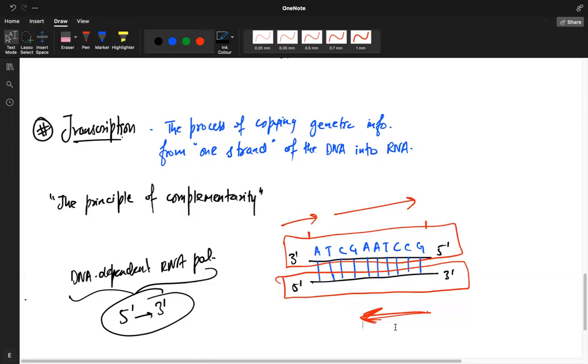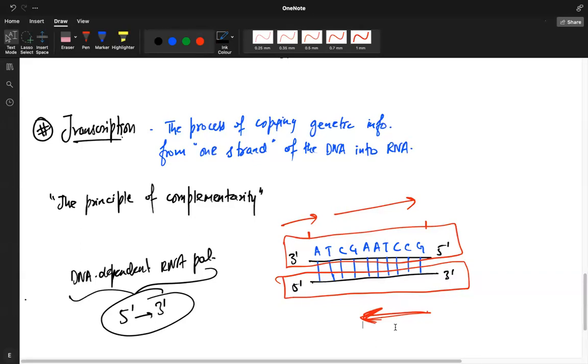Okay, so I want all of you, Iram, Parker, and Mariam, to sleep over the problem and think about it. In the next class, when I will teach you the machinery of transcription, before that, you will give me the answer. Write down the question.